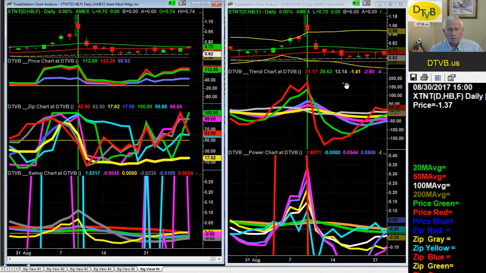We have a blue dash line on the candle chart. It's not here right now at this minute because I've removed that, and I've also removed the Bollinger Band lines, the 2 yellow and pink lines, and the 2 upper and lower Zion lines.